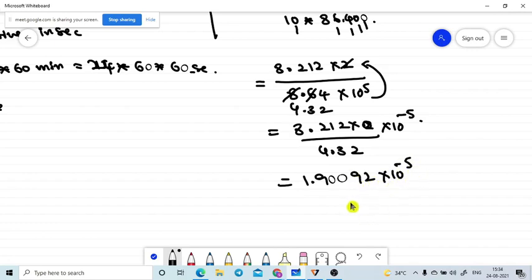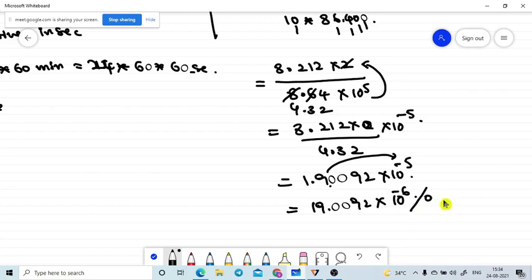So this is the value of the linear coefficient of expansion. If you want to match the textbook answer, I move the decimal point, so it becomes 9.0092 into 10 to the power of minus 6. What is the unit for the linear coefficient of expansion?